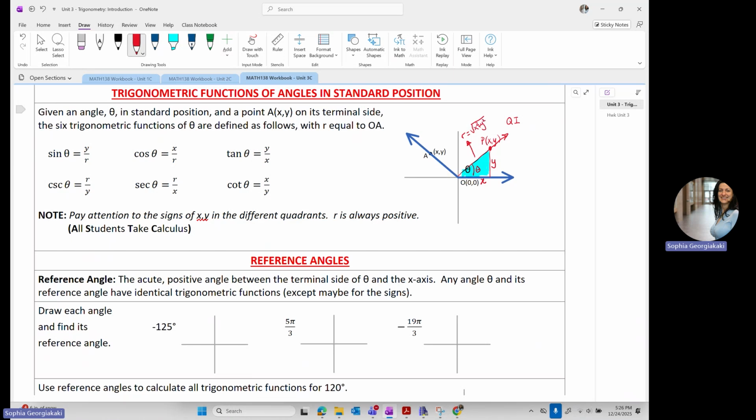And according to the right triangle trigonometry, the sine of theta should be the opposite, which is the y coordinate, over the hypotenuse, which is the r. And the cosine will be the adjacent, which is the x coordinate, over the hypotenuse, which is r. And the tangent of theta will be the opposite over adjacent, which in quadrant 1 will be y over x. Then the other functions will be the reciprocal of those.